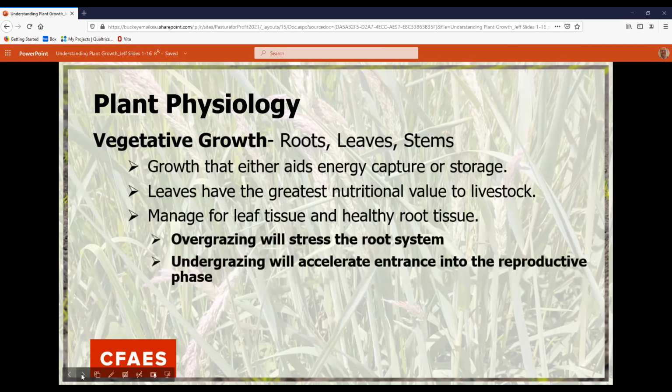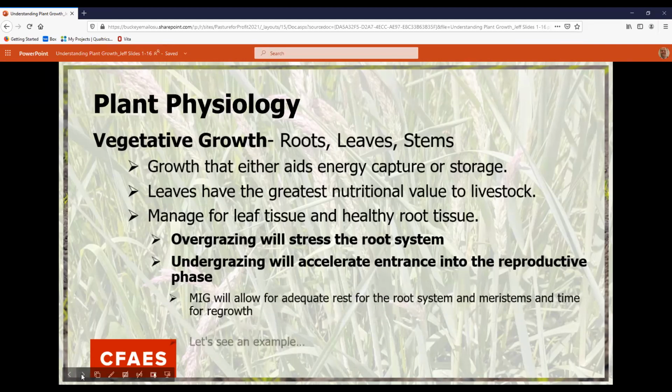We need to understand that overgrazing stresses the root system. If you take over 50% of the green leaf area, you're going to stop root growth. Undergrazing will accelerate the entrance into reproductive phase. So if we let the plants go longer, they will more likely move toward reproductive phase. Management intensive grazing allows for adequate rest for the root system and meristems and gives things time to regrow.